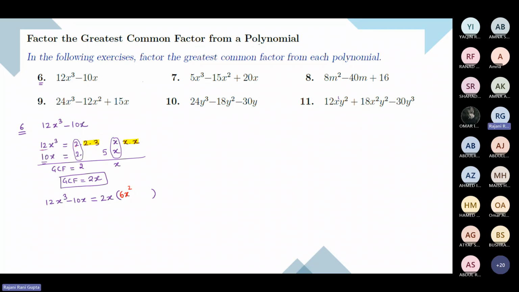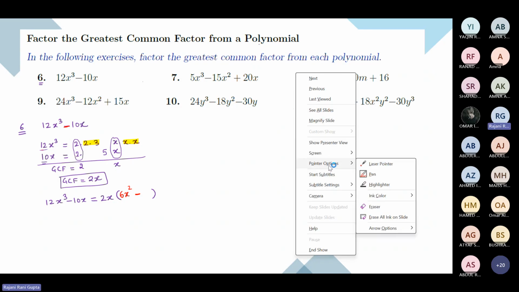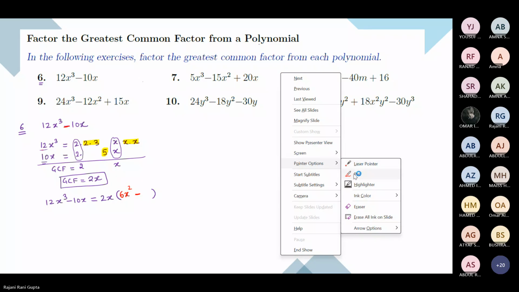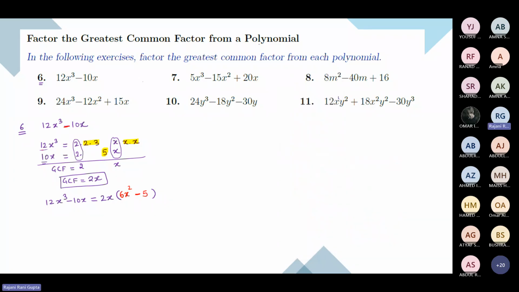Because 2 and x are gone, you are left with 6x power 2. Minus, because here you have minus. In the same way, from here 2 and x are gone, so you are left with 5. So this is how you do the factorization of a polynomial.